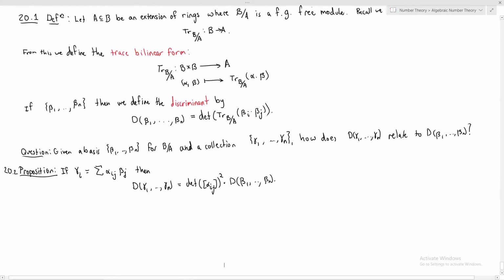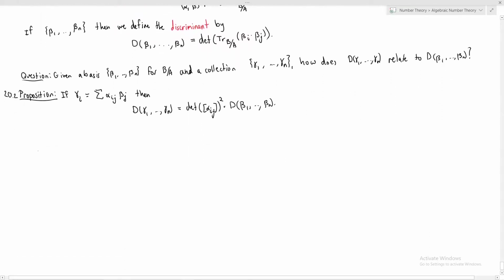So the proof isn't actually so bad, so I can explain it briefly here. Proof. I'm not going to go through it in full detail, but I'll tell you basically how you would do it. Let's say G is the Gram matrix, so maybe it's not quite correct to say Gram matrix, but what I really mean is G equals the trace from B over A of gamma i gamma j.